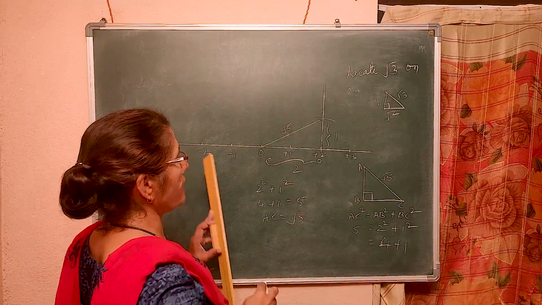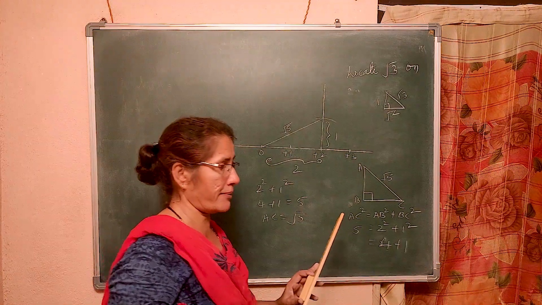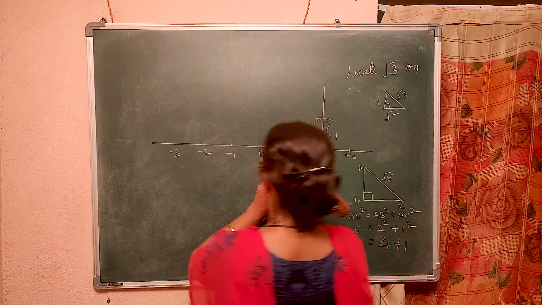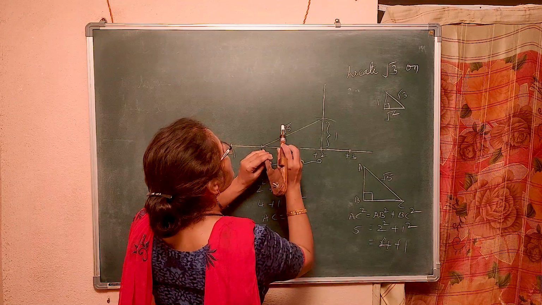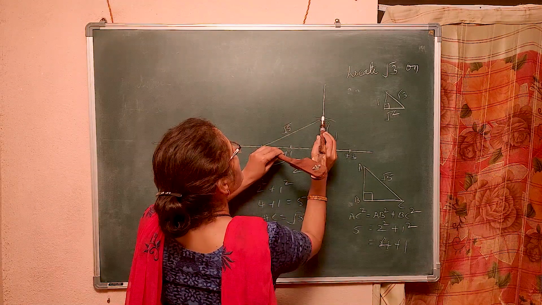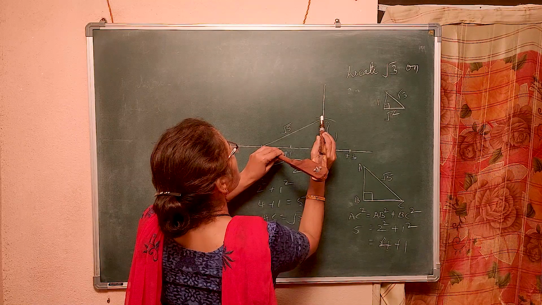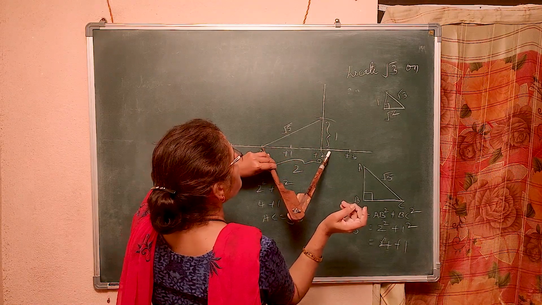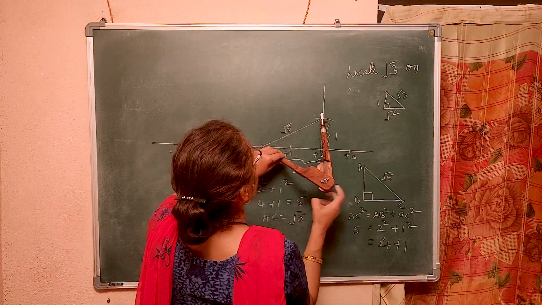Now, how to mark on the number line? You have to get 2 point something, right? So, again the same procedure. From 0 to that point you go and draw the arc which passes through C. Around 2.2 you may get.